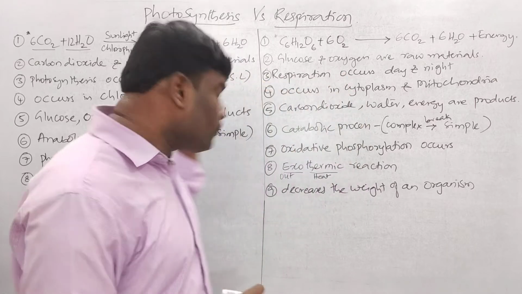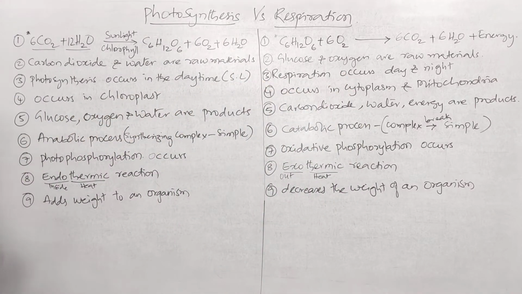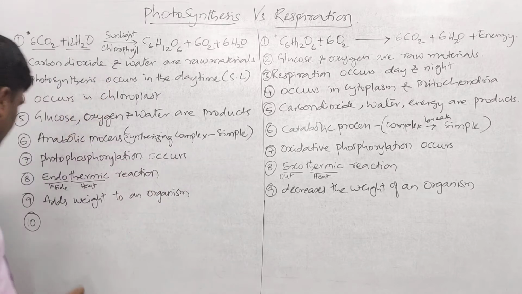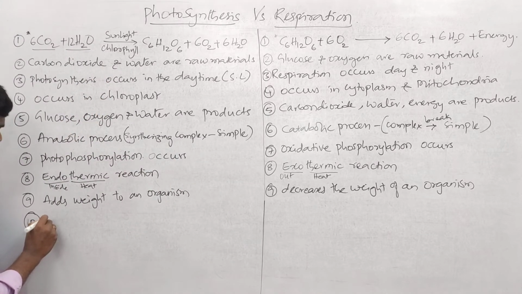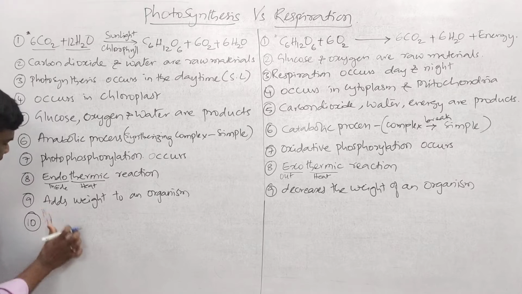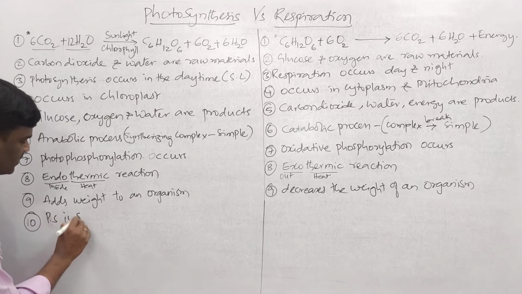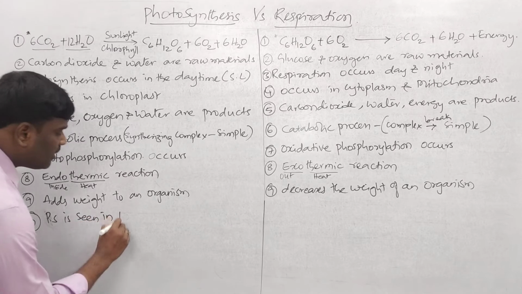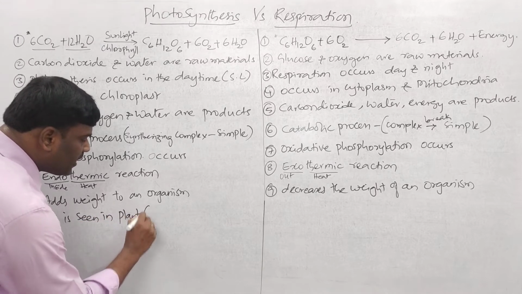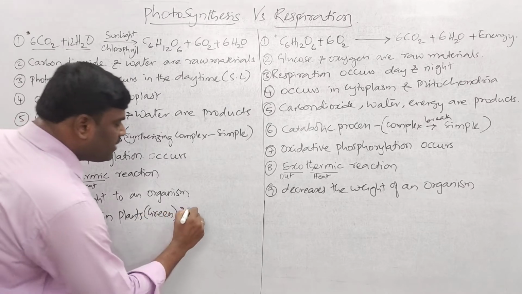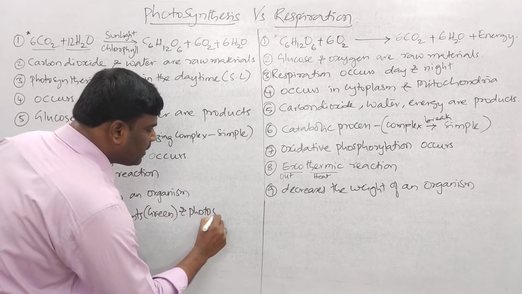Got it? And let us see the last point, that is the 10th point, children. Here, photosynthesis is seen in plants and photosynthetic bacteria. I write PS, PS means photosynthesis. Photosynthesis is seen in plants, that means especially the green plants, and photosynthetic bacteria.